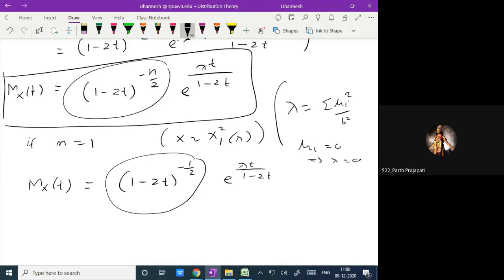Okay, so you can easily obtain the MGF of the central chi-square distribution by just substituting the non-centrality parameter equal to 0.